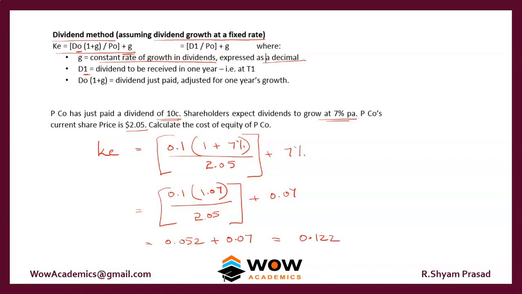As we said, all these formulas should be expressed as a percentage, so we multiply by 100. So 12.2% is the cost of equity. Whatever answer you get, multiply it by 100, then only will we get the percentage.